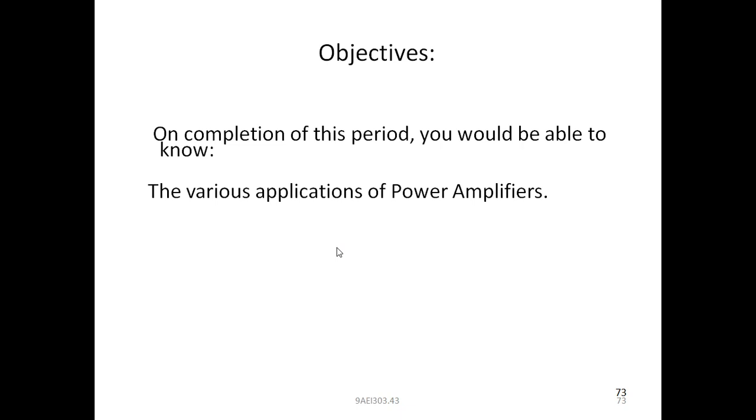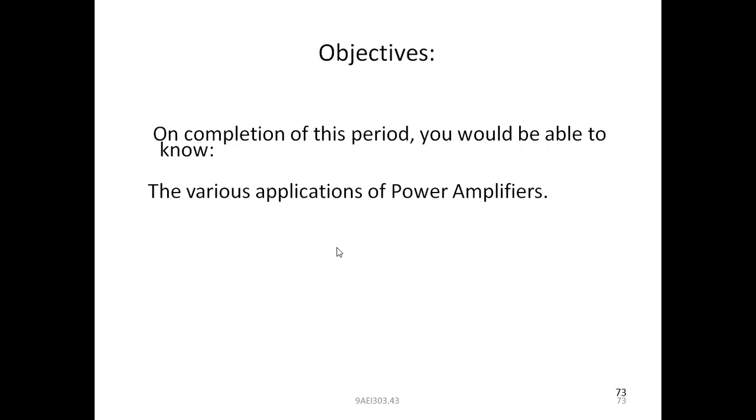But coming to the operation, construction and working principle of these four, as per our syllabus, we have only two, Class A and Class B. There is no Class AB and Class C.